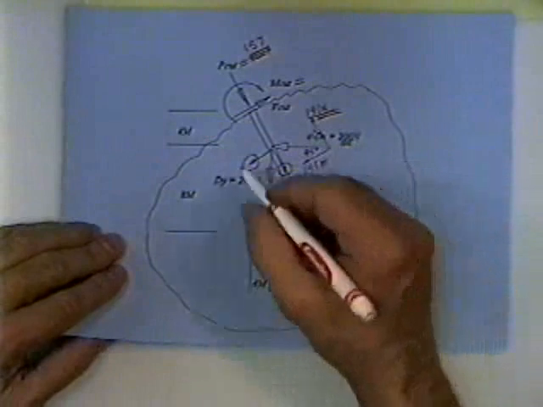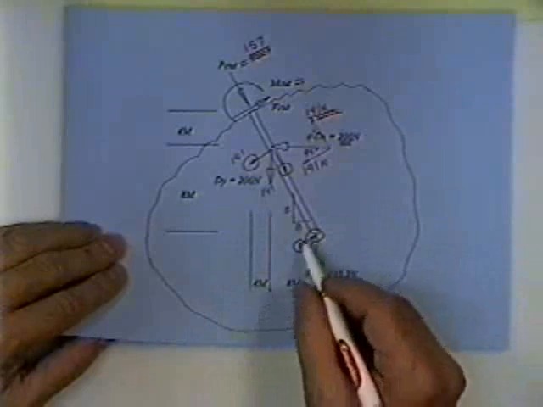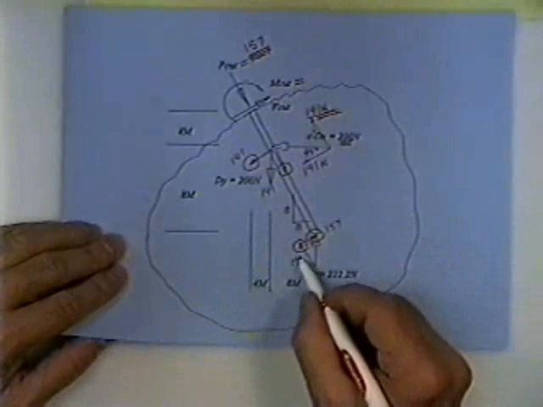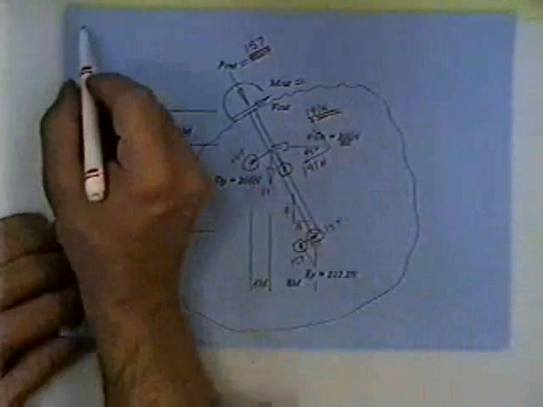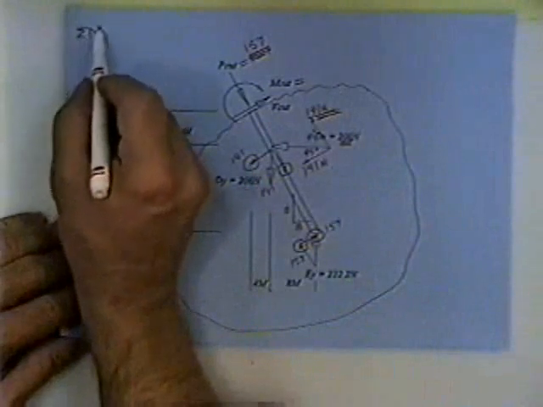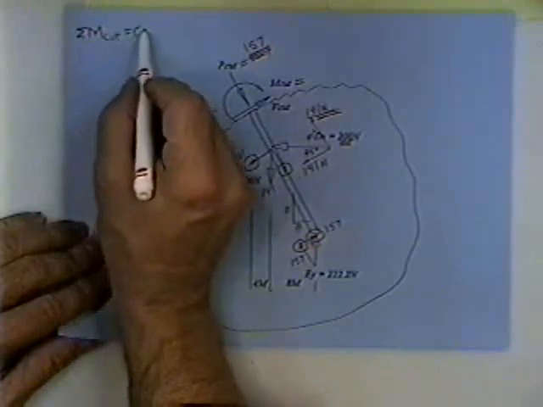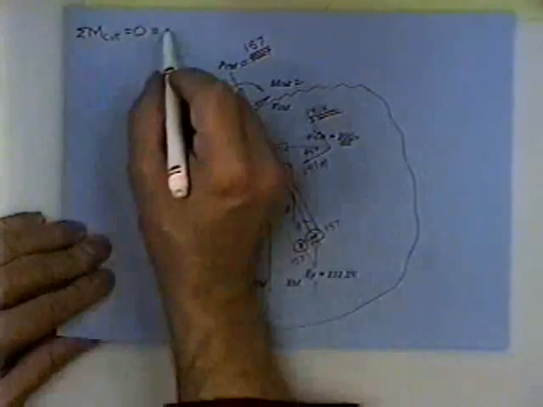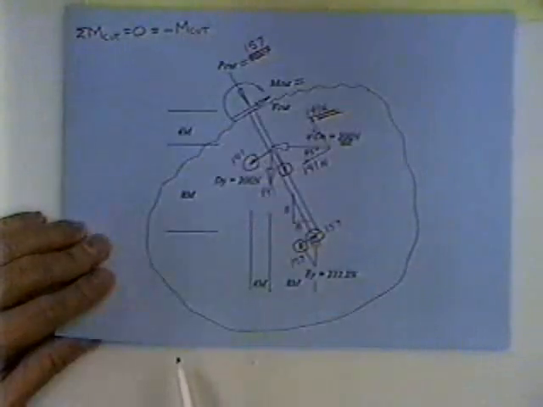Well, let's see, if this one's 200, 141, these guys were both 141 also, won't they? And what is 222 broken up into two components? Each was 157, okay. Here's what I'd write down for an equation. I'd say that the sum of the moments about the cut face is equal to 0 is equal to, first, there is M cut. I write that M cut as minus because it doesn't roll like my hand is built, a right hand rule.